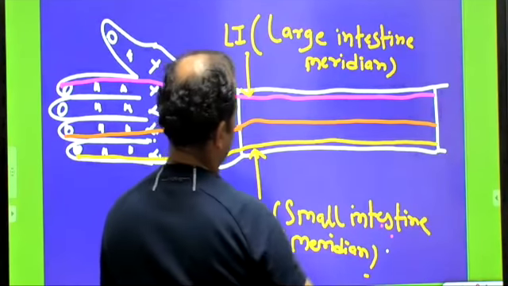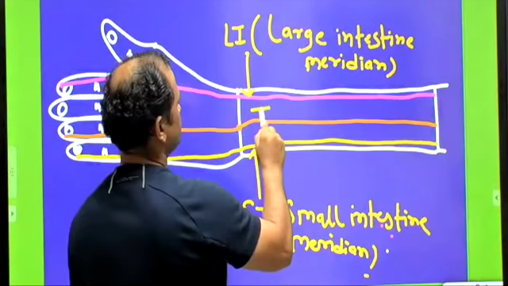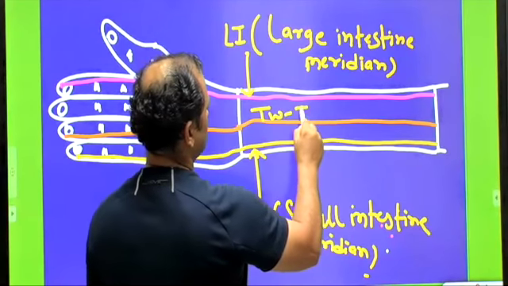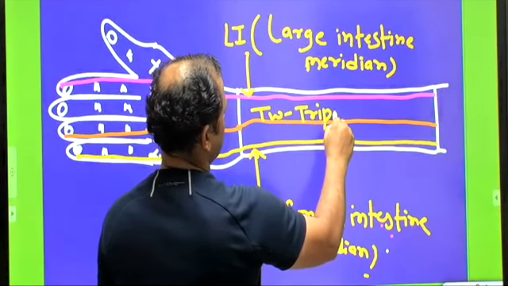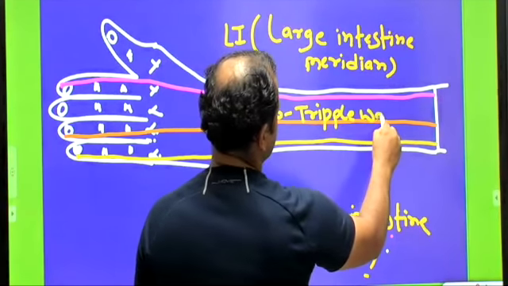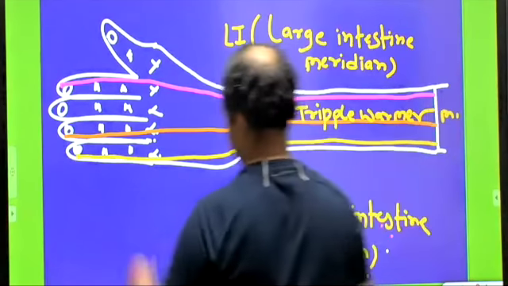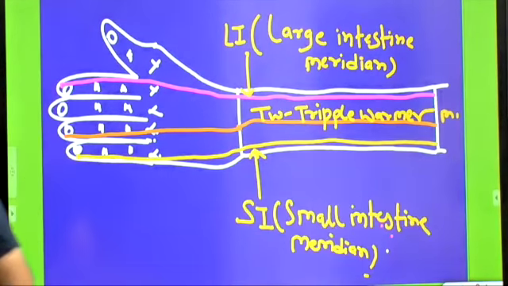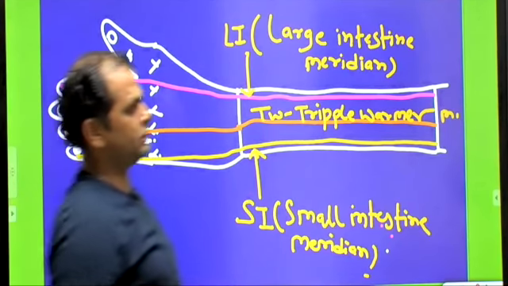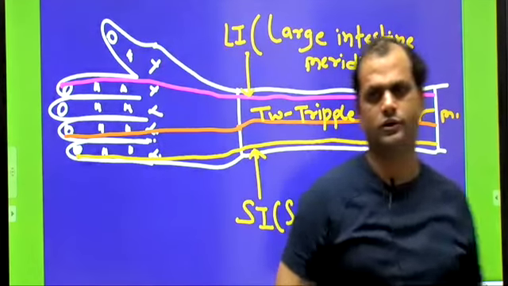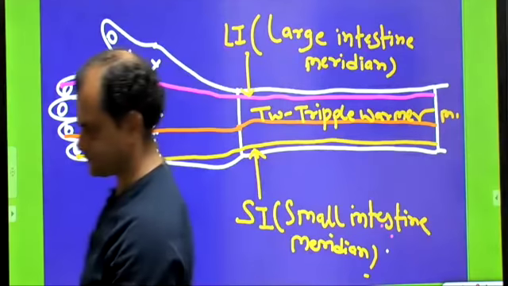The middle meridian is called TW, or triple warmer meridian. So we have three yang meridians on the dorsal side of the arm.